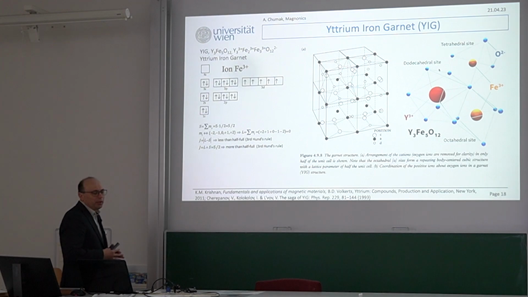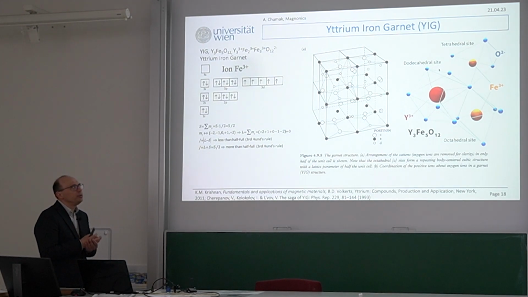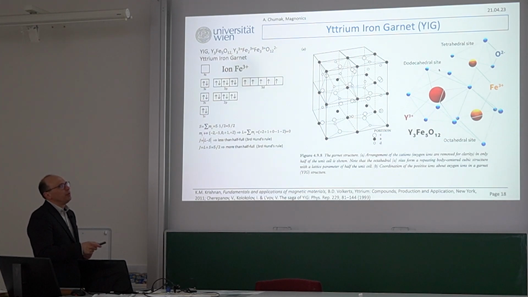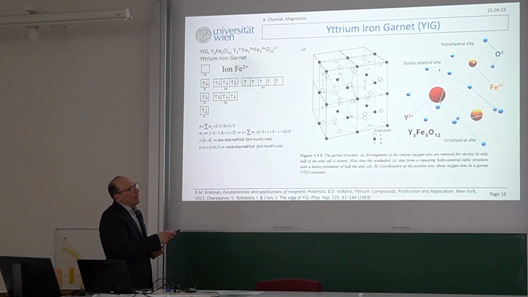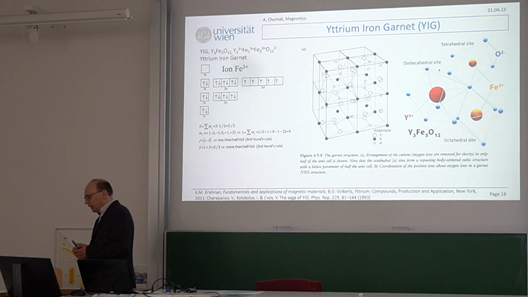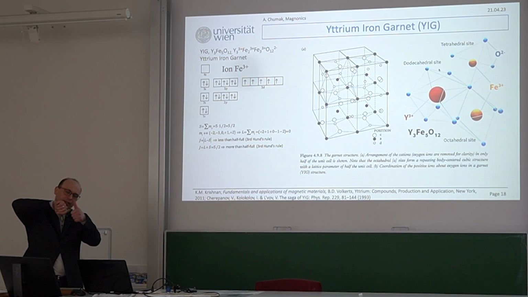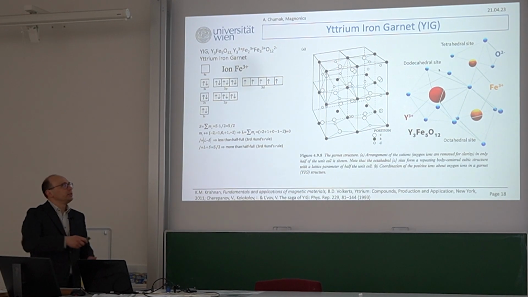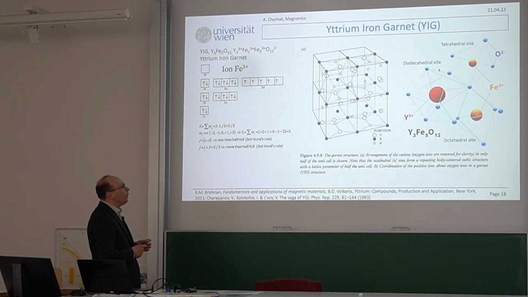There is such a phenomenon as superexchange, which we didn't discuss here. For people on YouTube, you can find a brief description of what superexchange is, or read it in Krishnan, for example, or any other book. Superexchange is known to couple the sublattices of the material antiparallel. It means that the oxygen ensures that the magnetic moments here and here are pointing in opposite directions. And why is it important?